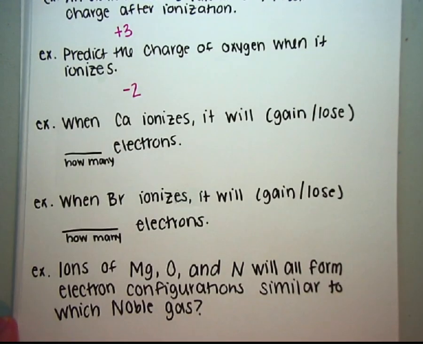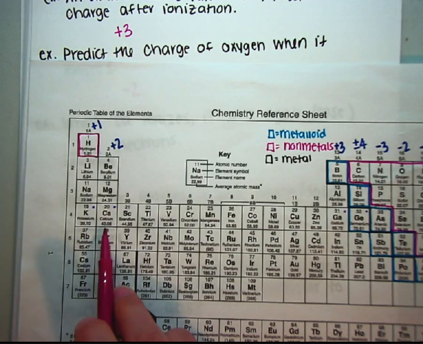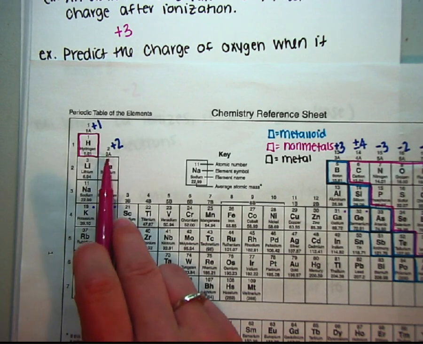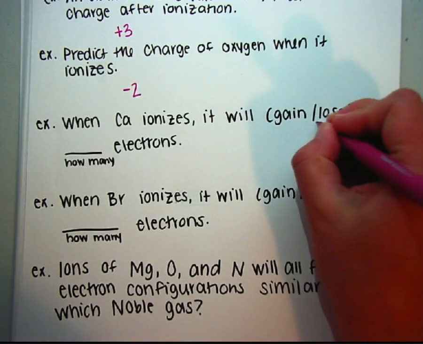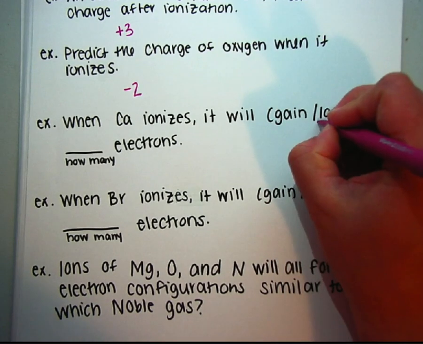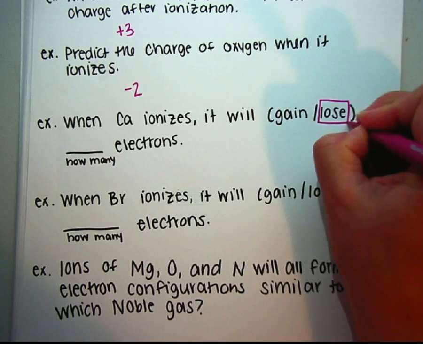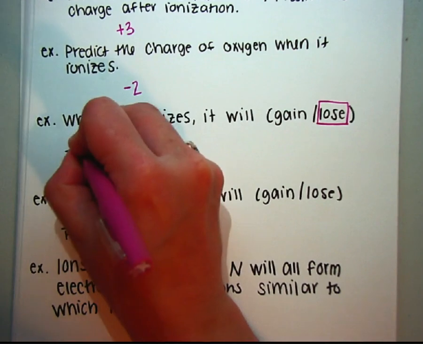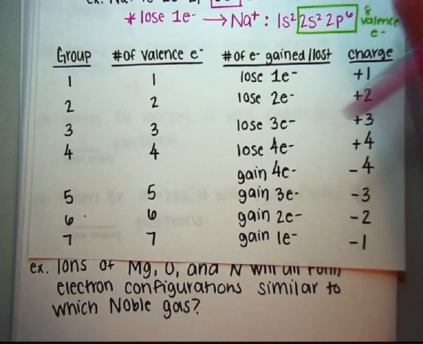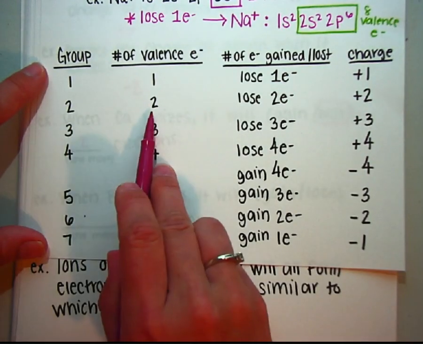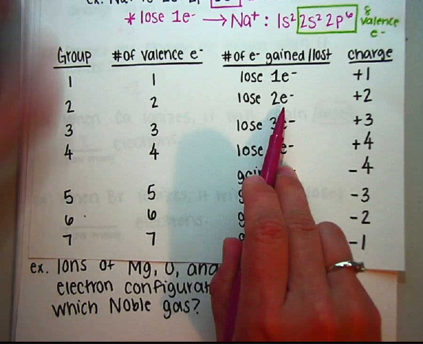Next one, when calcium ionizes, will it gain or lose electrons, and then how many? So calcium is in group 2. 1 through 4 will lose electrons. Since calcium is in group 2, it is going to lose 2 electrons. We could also look at our cheat sheet, find the group that calcium is in. It's in group 2. It has 2 valence electrons. It will lose 2 electrons.